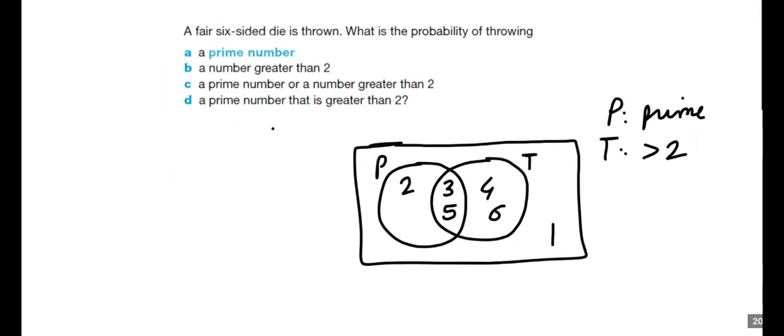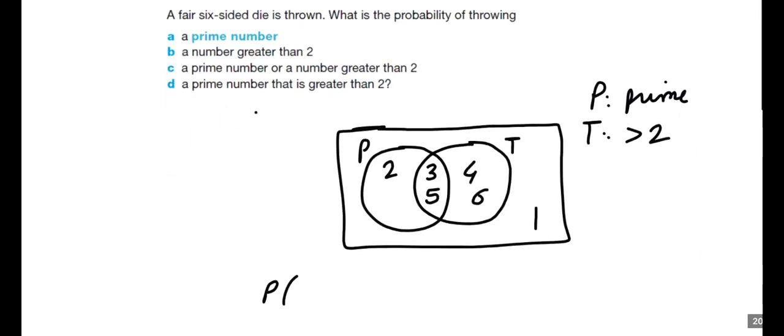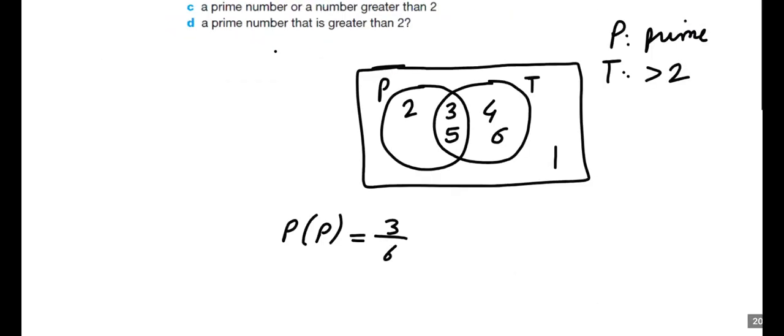Now, for example, if I want to know the probability of getting a prime number, what is it? 3 out of 6. Exactly. If I want to know the probability of getting a prime number and one that is greater than 2, prime and greater than 2 together, intersection.